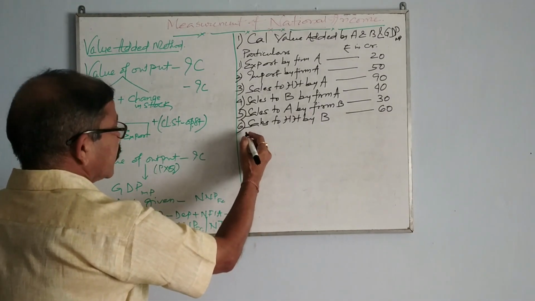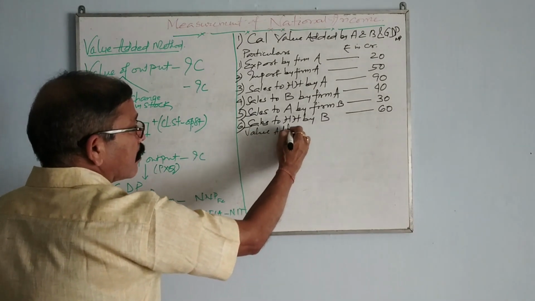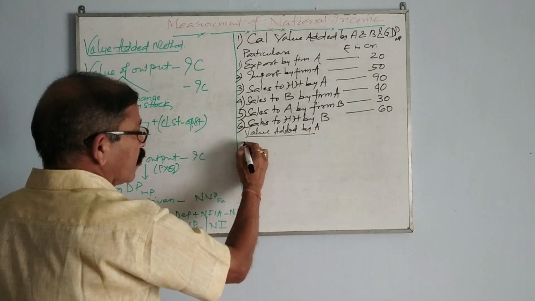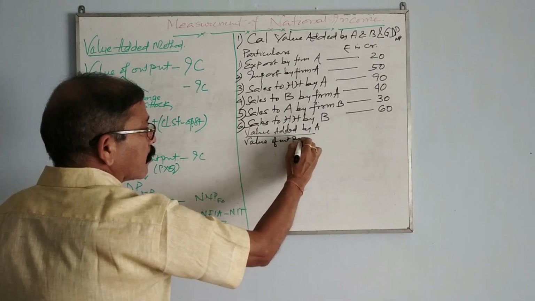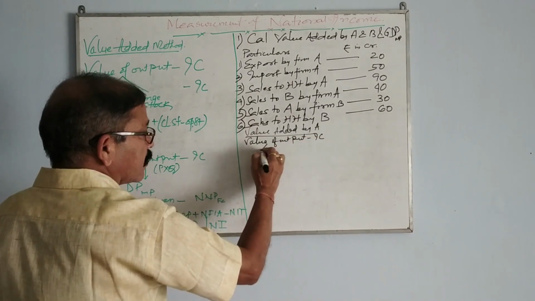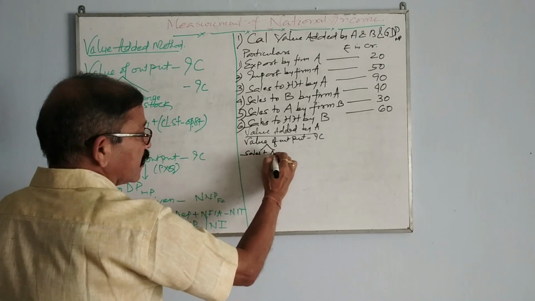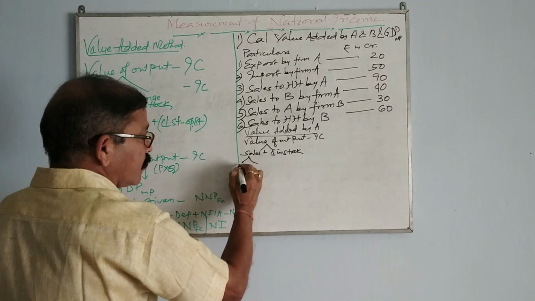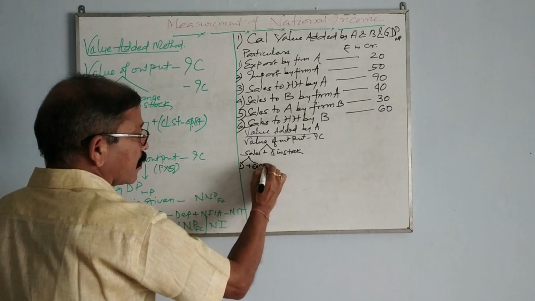So first let us do value added by A. The formula: value of output minus IC. Value of output means sales plus change in stock. Sales include domestic sales plus export, right?